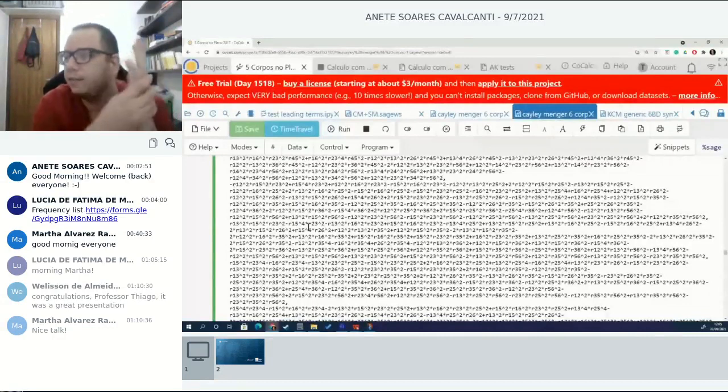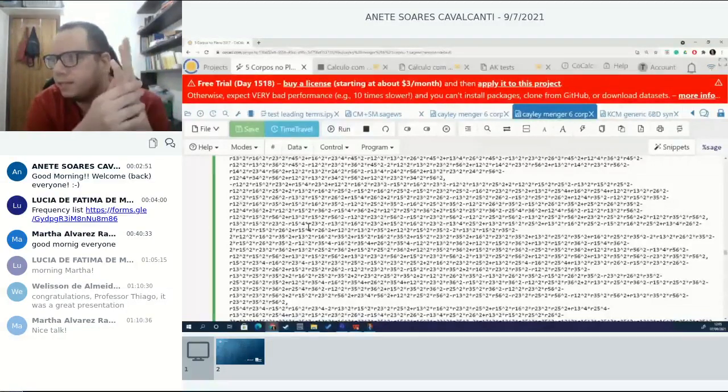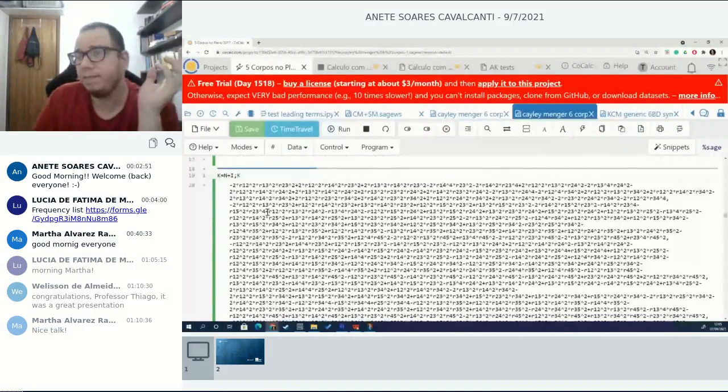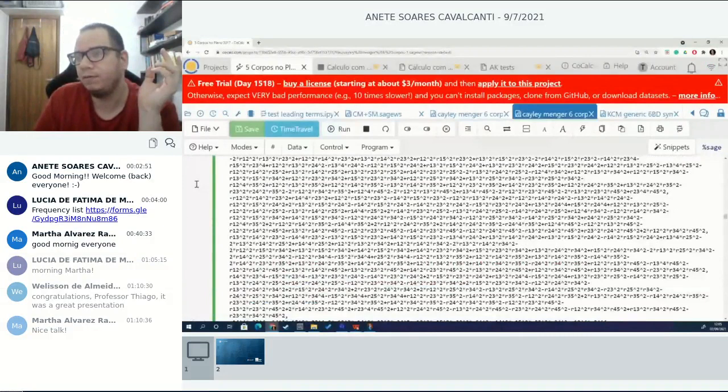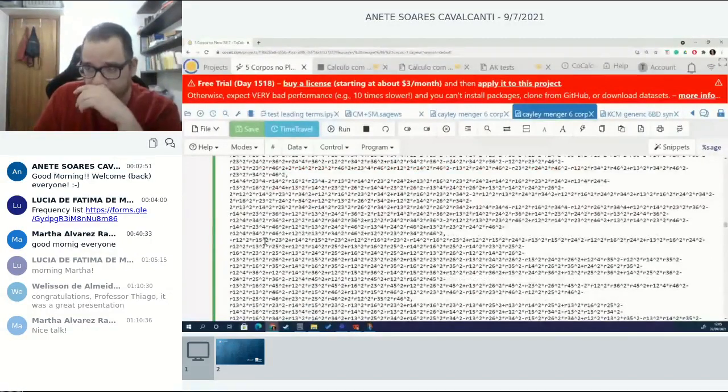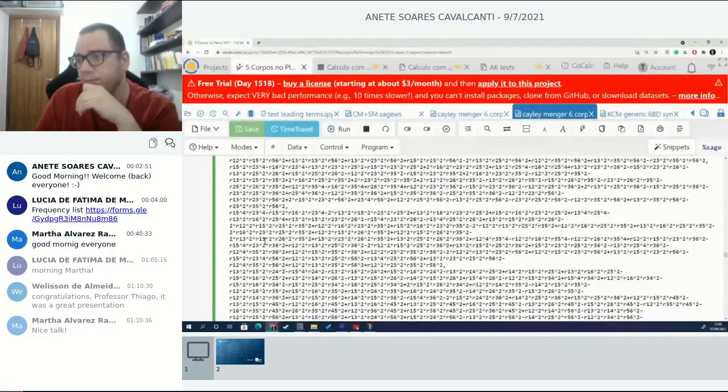understand the sets. There is another set, but I want to know if this Cayley-Menger determinantal algebraic variety can say something in the direction of the finiteness problem.